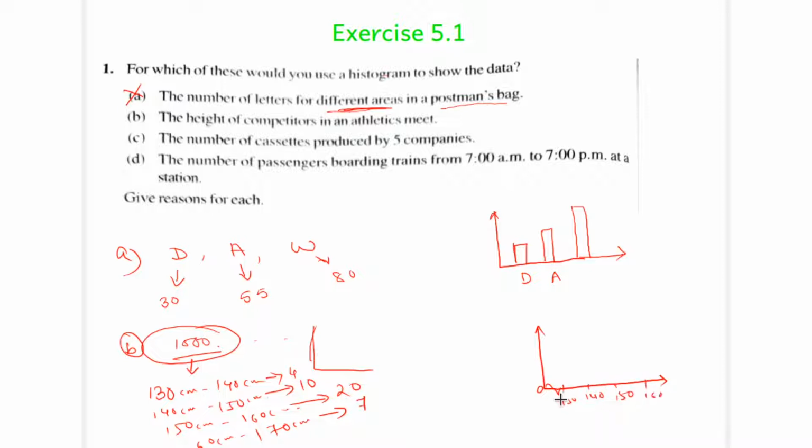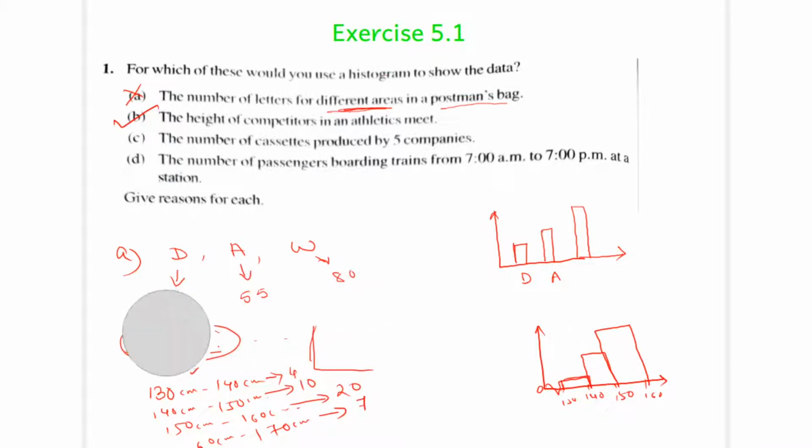For 130 to 140 there are 4%, so we represent it like this. Then 140 to 150, these are continuous data, say 10% here. There is no gap between the bars. So number B we can represent with a histogram. This is a histogram.